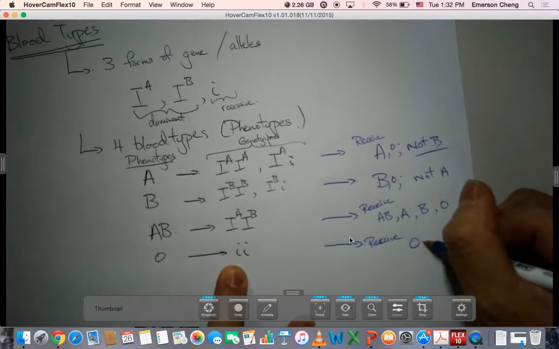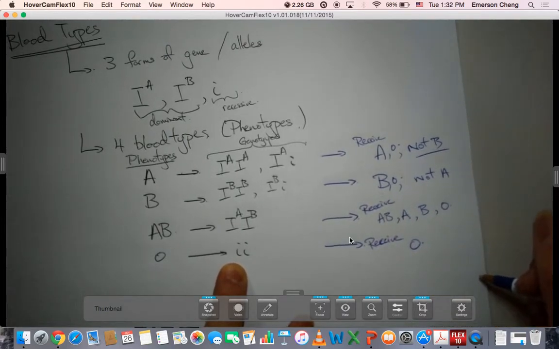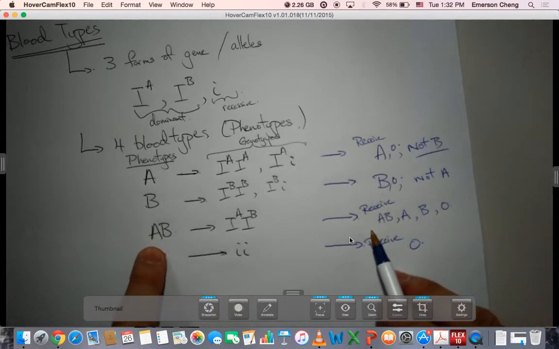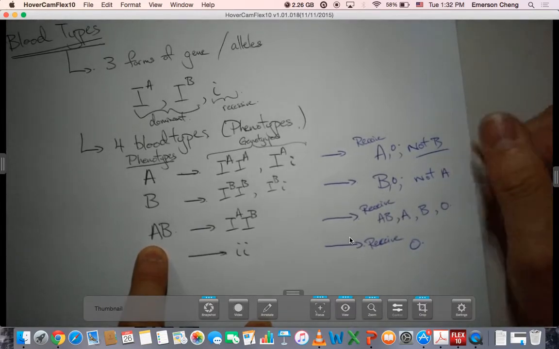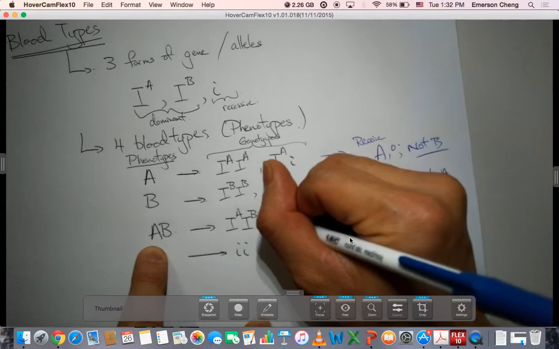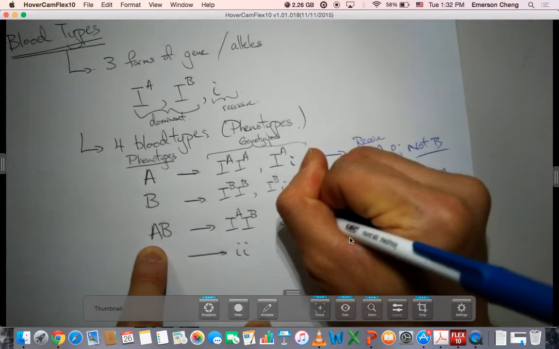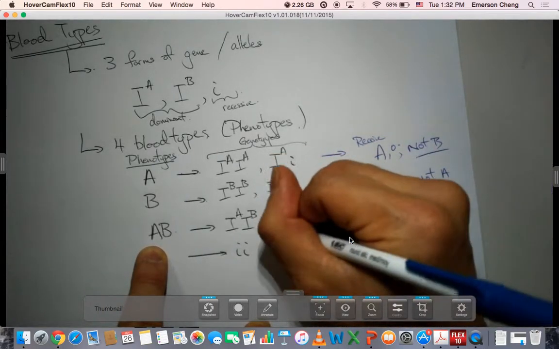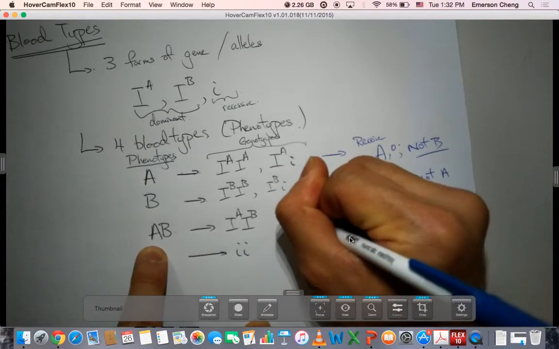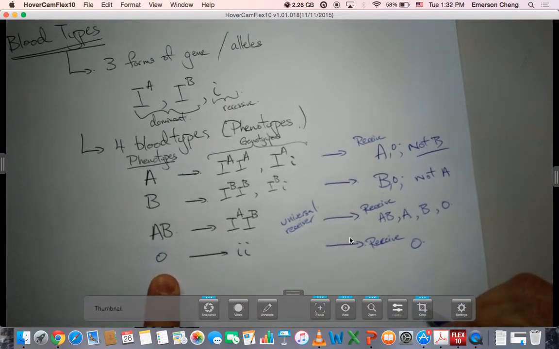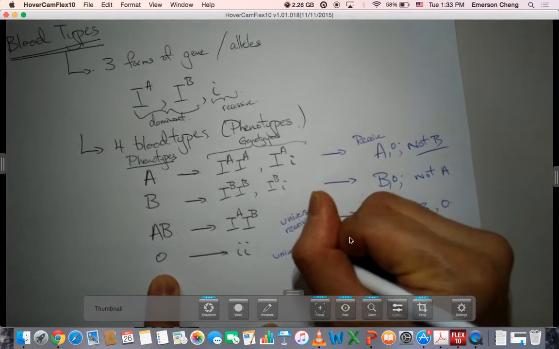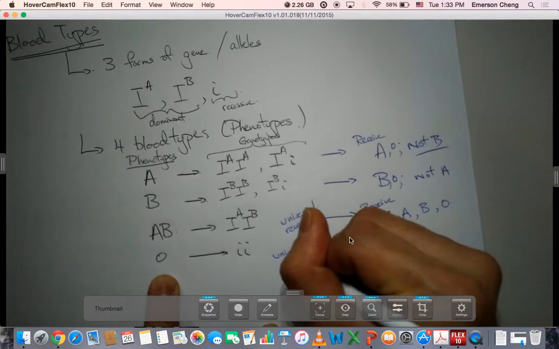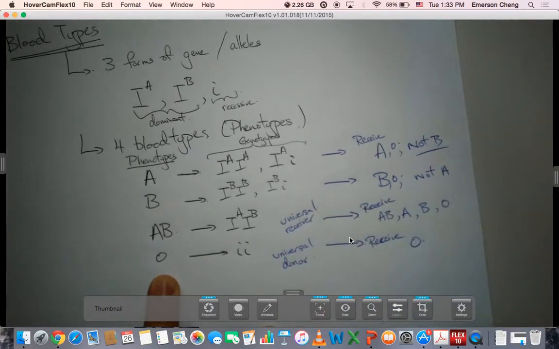So this is the reason why, because type AB people can receive it from everybody, we call these people the universal receiver. Type O people can donate to everyone, so you are the universal donor. I give you my blood. Okay?